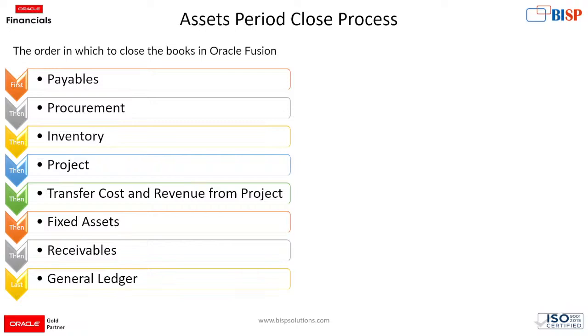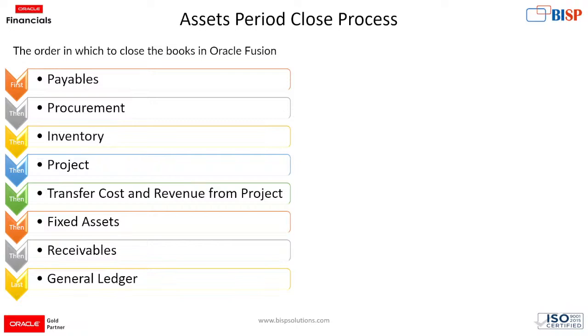Close inventory before closing projects so that the project related inventory transactions are completed and imported into projects. Transfer all relevant project cost to fixed assets, then transfer revenue to receivables before closing the fixed assets and receivables.